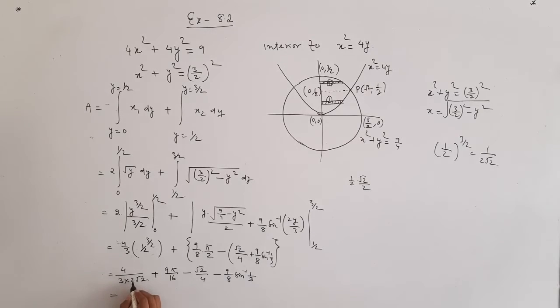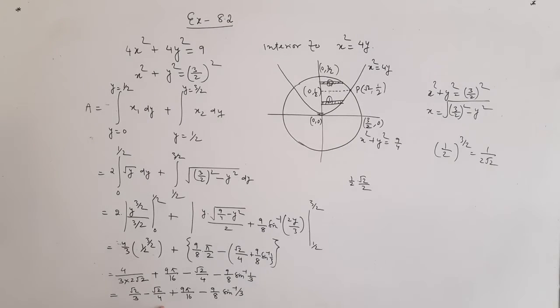So this is 4, this is 2 root 2 and this is 2 root 2, this is root 2 over 3, and minus root 2 over 4 plus 9 pi by 16 minus 9 by 8 sine inverse 1 by 3.